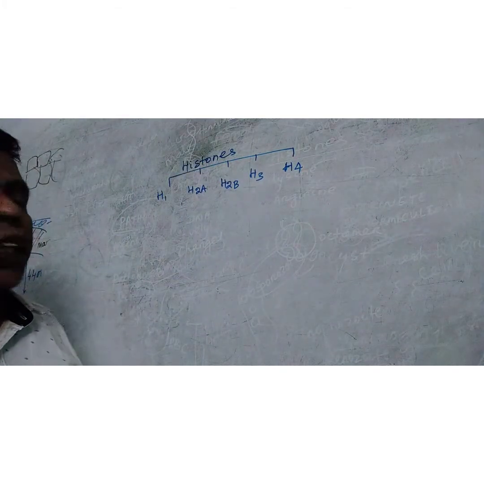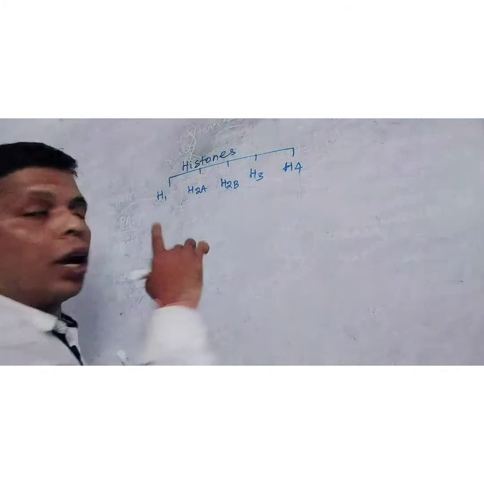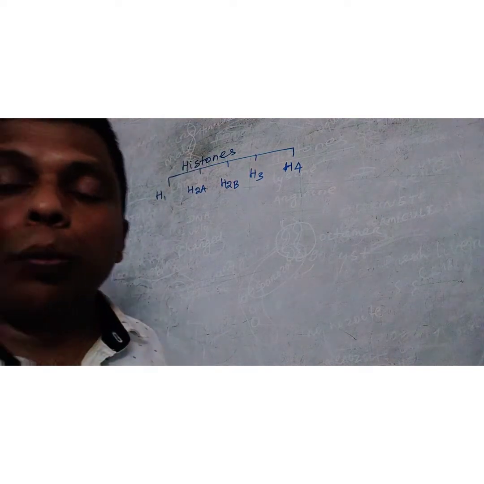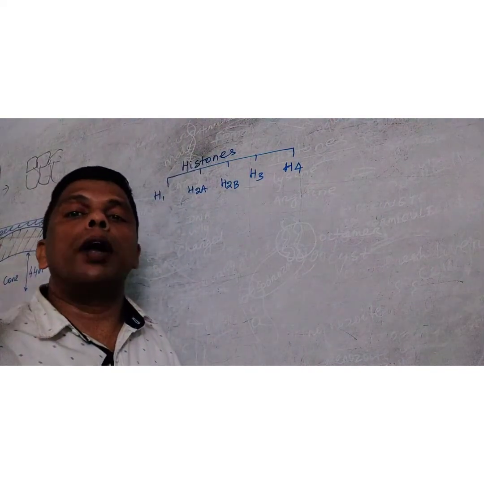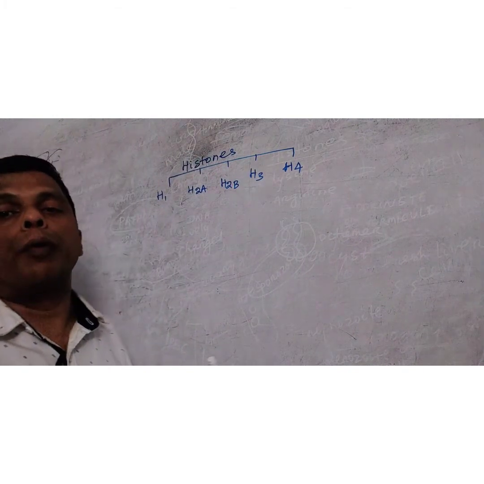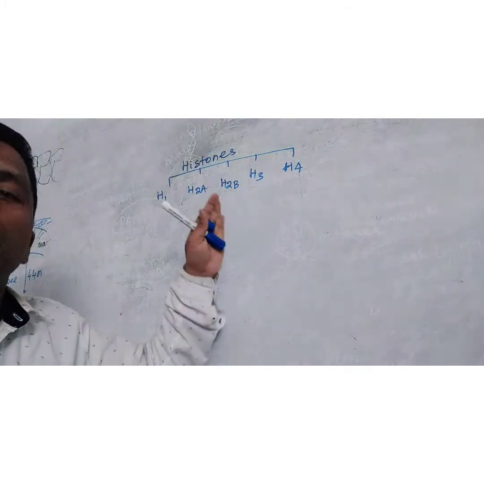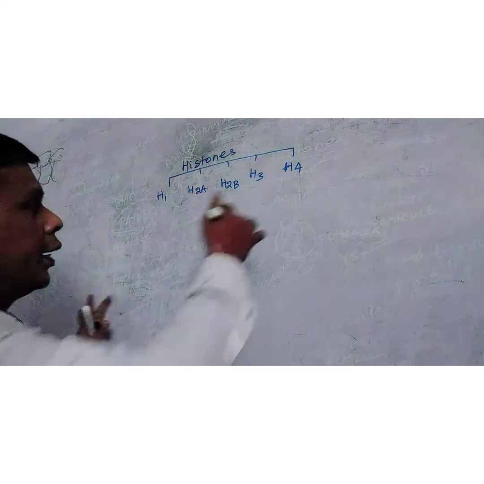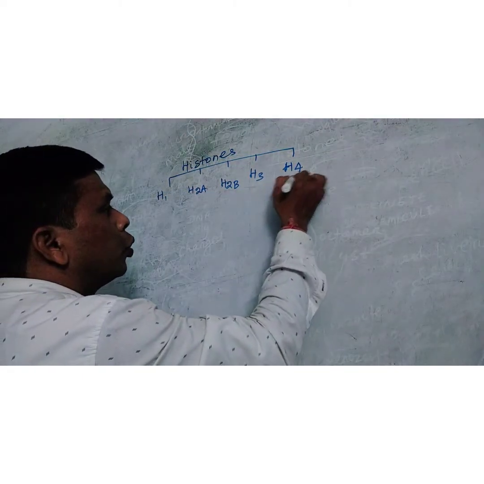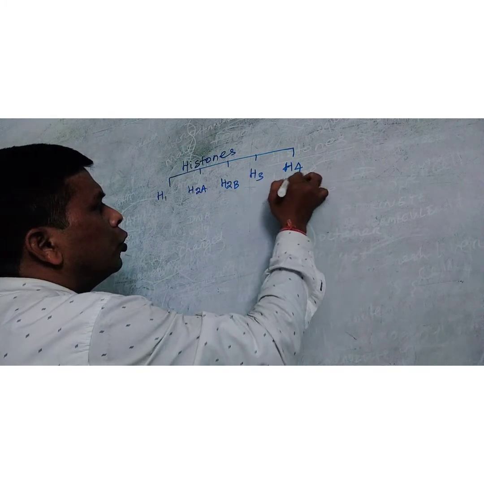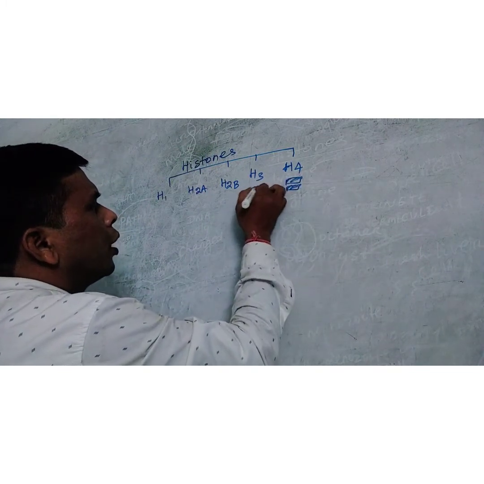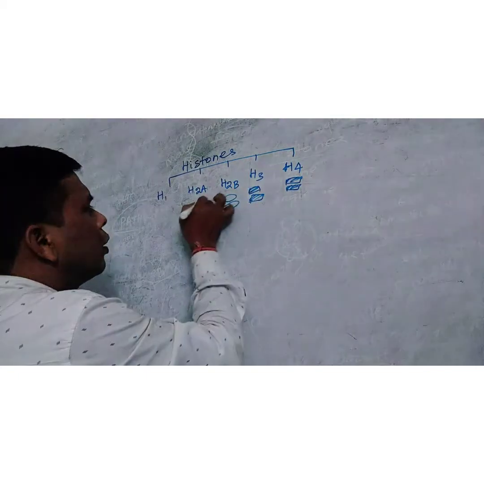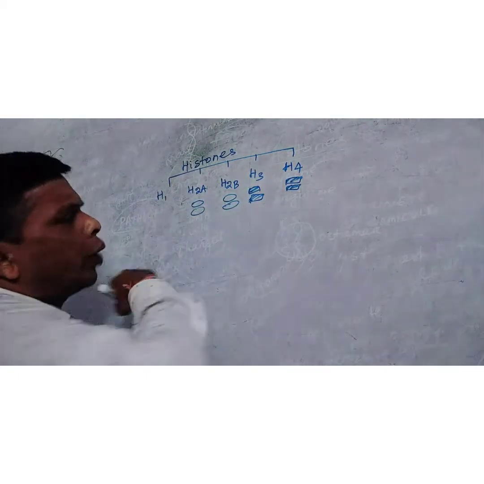From these histones, two molecules from each aggregate: two H4 molecules, two H3 molecules, two H2B molecules, two H2A molecules.